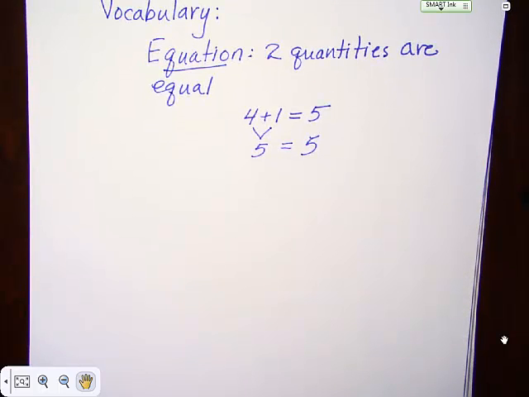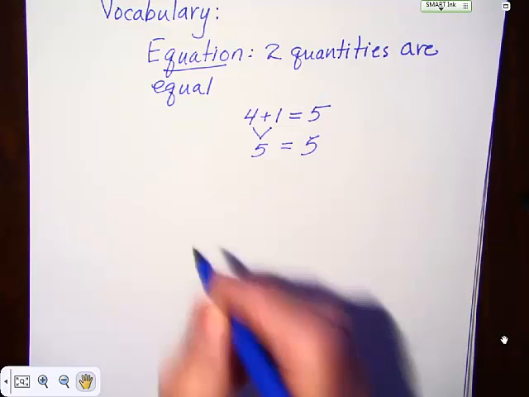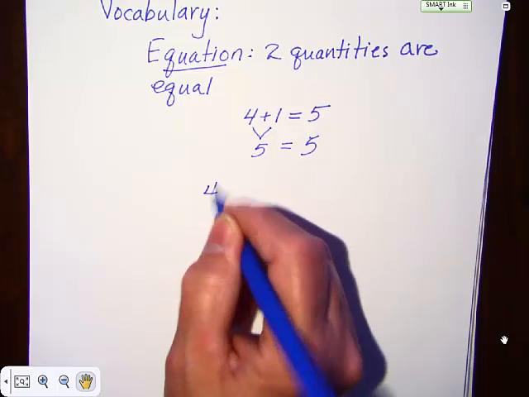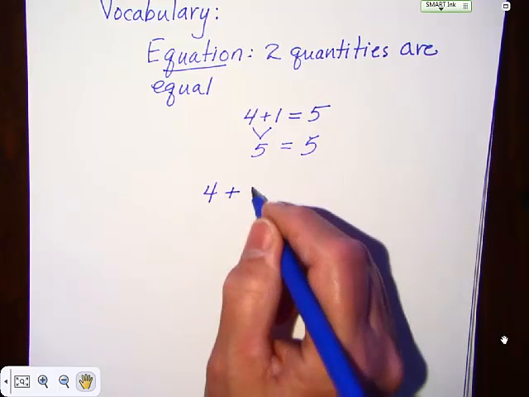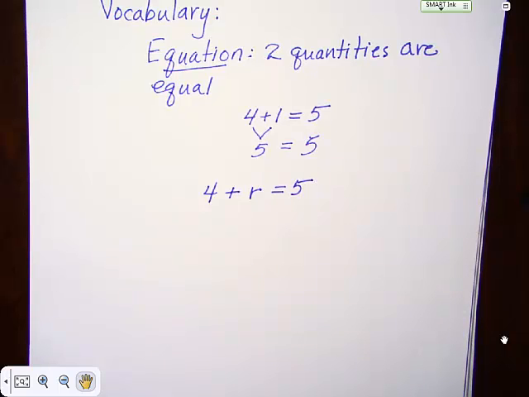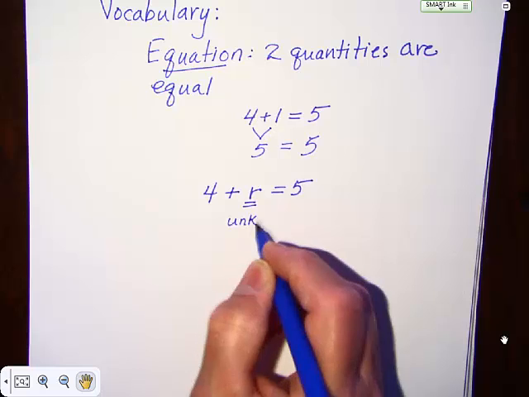Now, let's take the same equation and put an unknown in it. So instead of saying 4 plus 1 equals 5, we're going to say 4 plus r equals 5. Well, we know the answer is 1. But this right here is called the unknown.